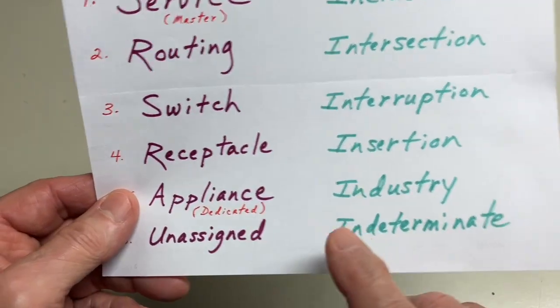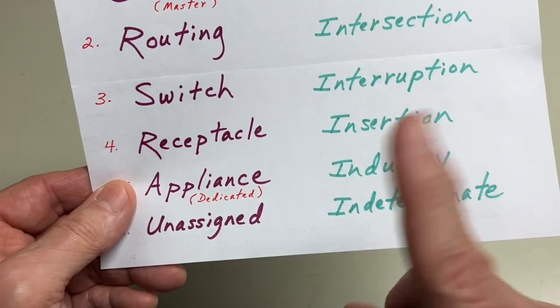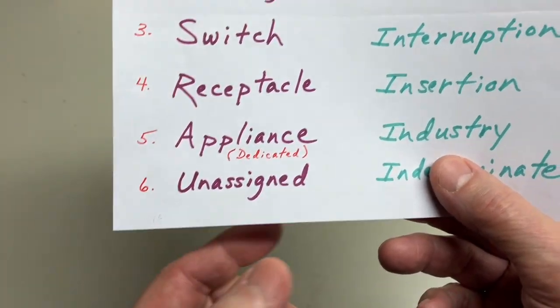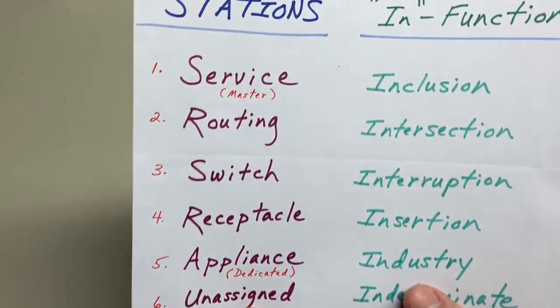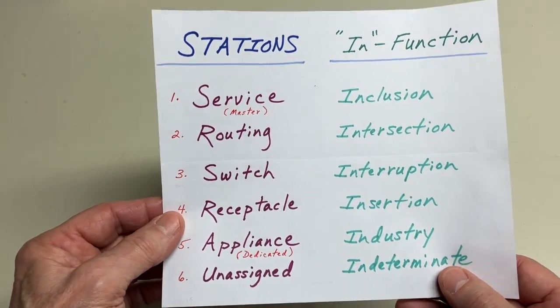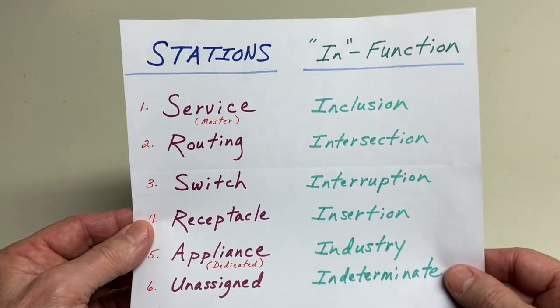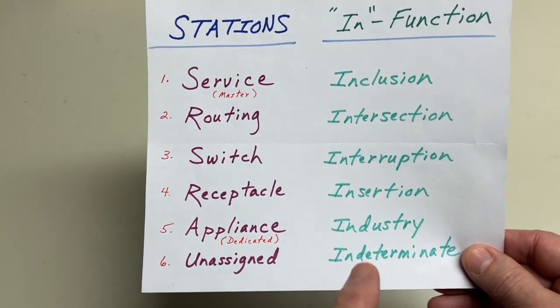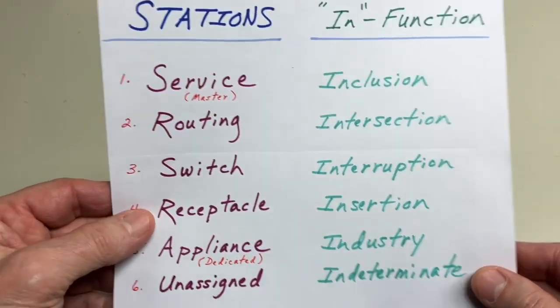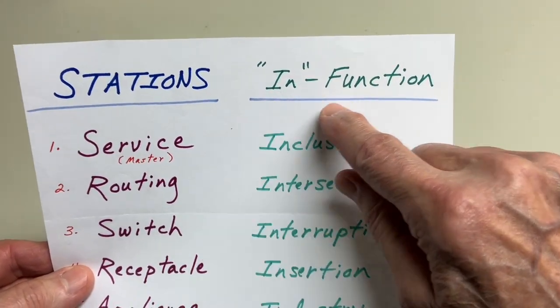It's a station that's dedicated pretty much to only one appliance. Okay? Then there's the unassigned station. That's a station that is power ready. It's energized, but it's not assigned to any appliance. It's not yet dedicated.